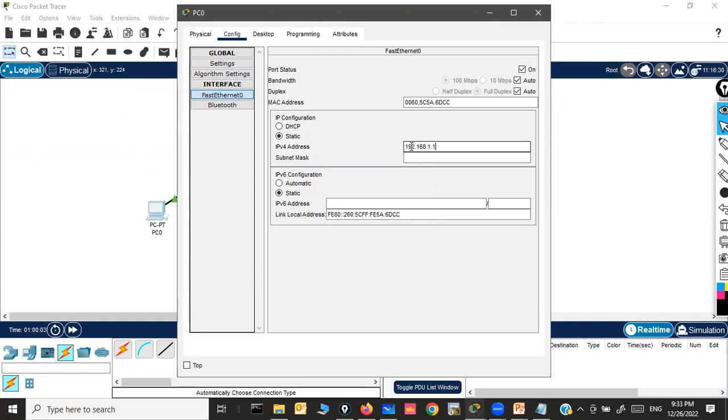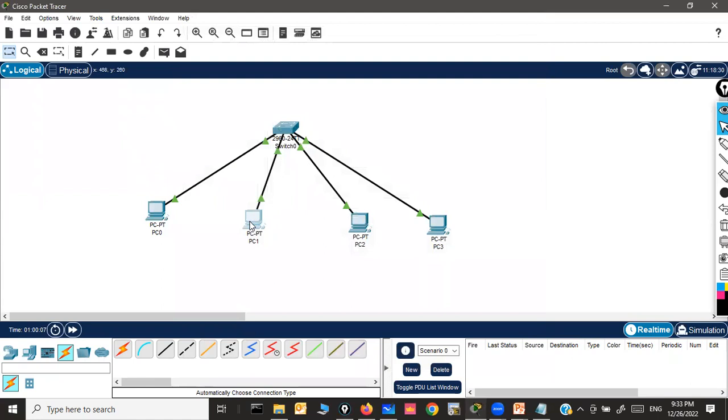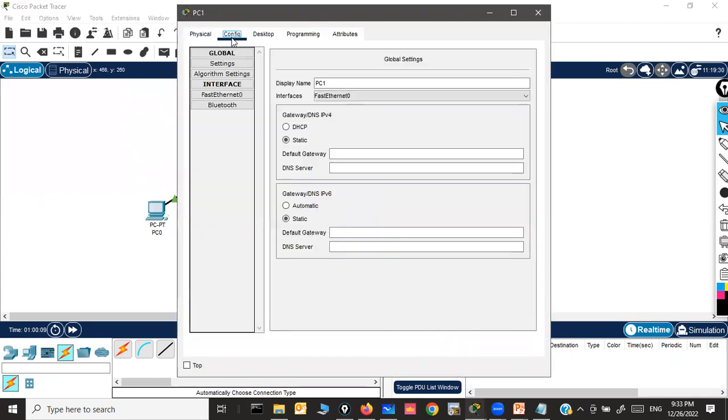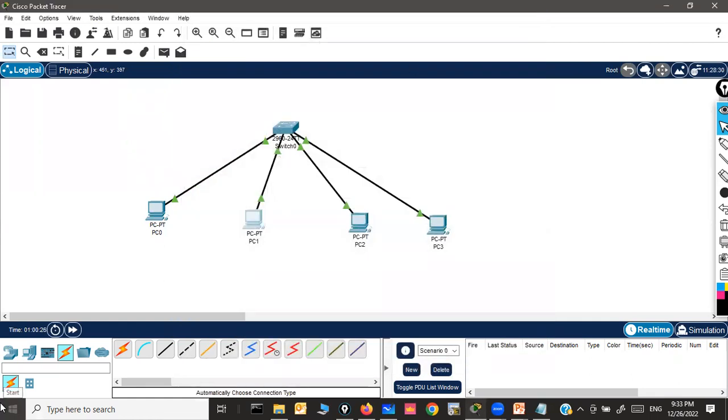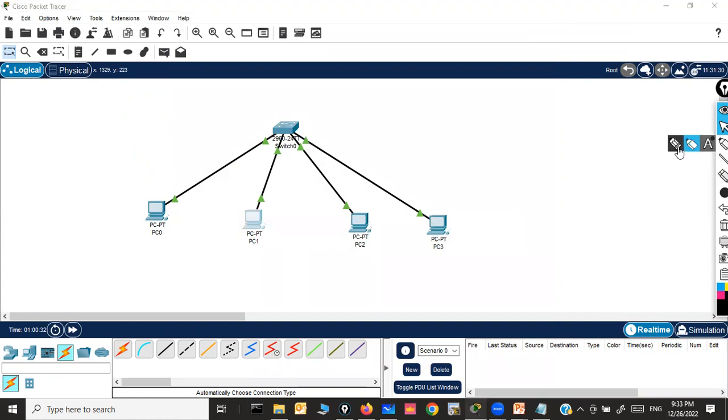Yes, I can assign 1, no problem. I can assign up to 254. 192.168.1.254, no problem with 254. The moment I type 255 or 0, yes, there is a problem, right? So this way, I can assign IPs to 254 computers.